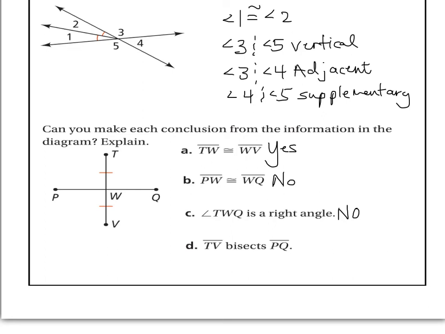In other words, TV, this line right here, cuts PQ in half, which would mean that these two parts are equal. In the picture, does it show that these two parts are equal? No, it doesn't, because it doesn't have the markings. So no, you cannot, there's not enough information there. You're going to have to go through and do this today on your homework and be able to figure out what can I conclude without a marking, what can I conclude with a marking.